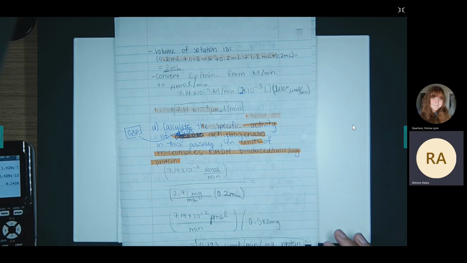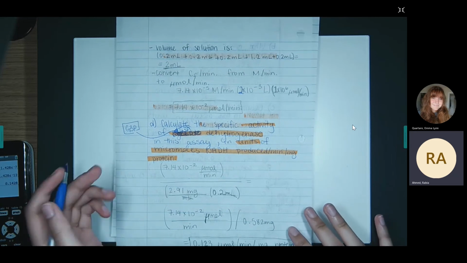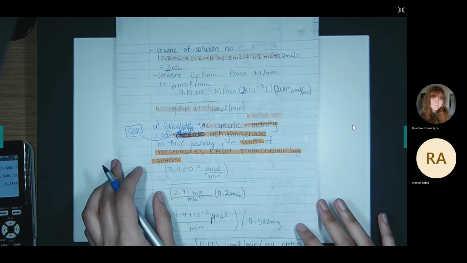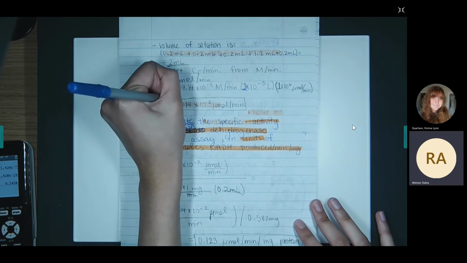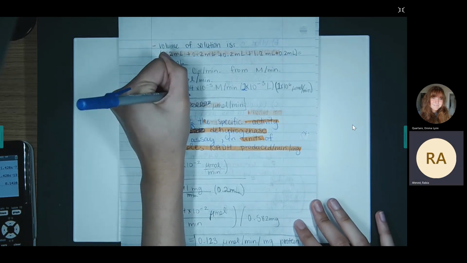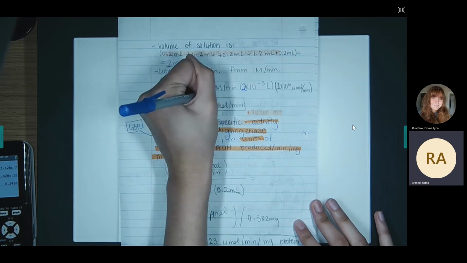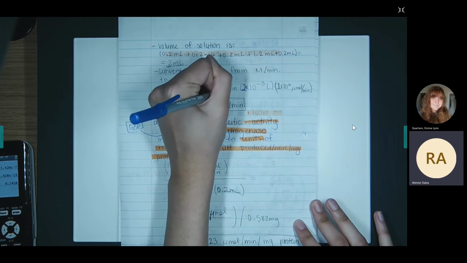So it would be 1.43 times 10 to the negative 1 instead, micromoles. Thank you so much for catching that. I did not know how to see that. Okay, so this is going to be 1.43 times 10 to the negative 1 micromole per minute.